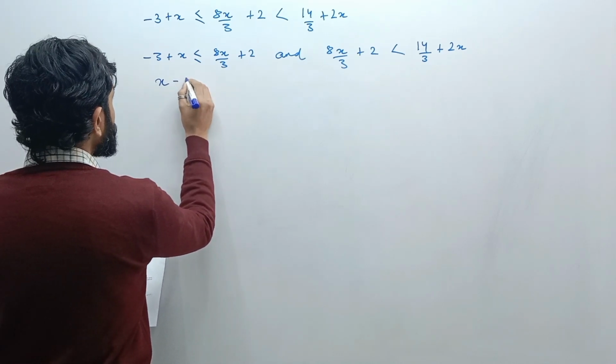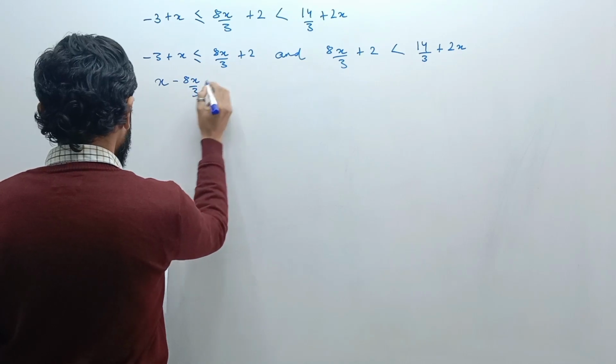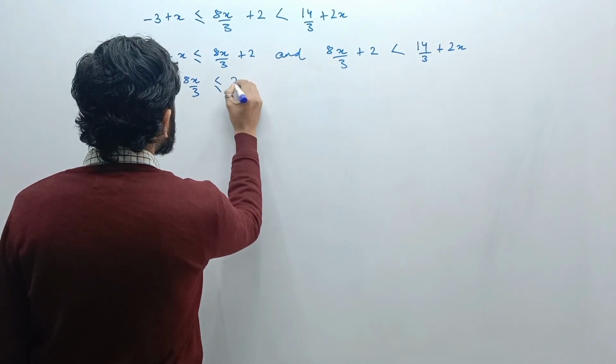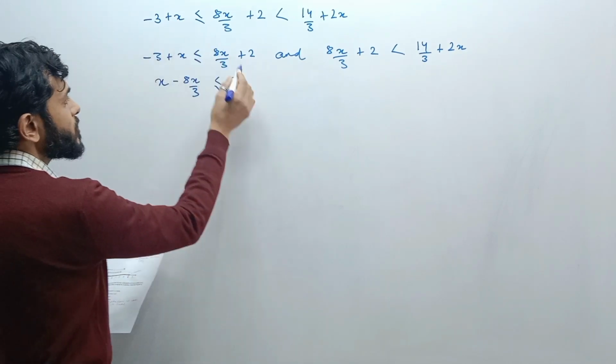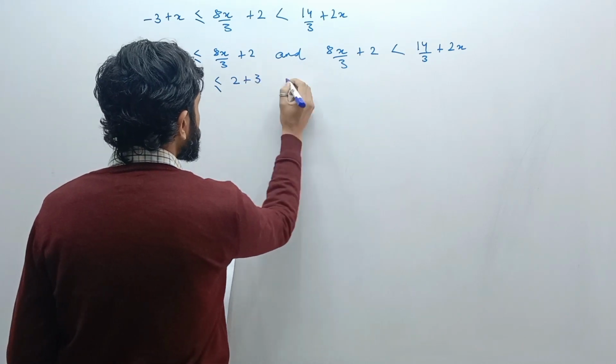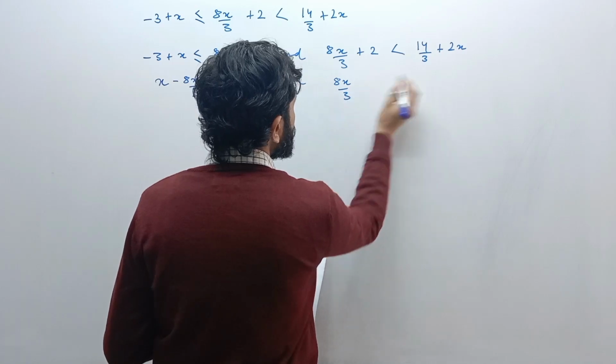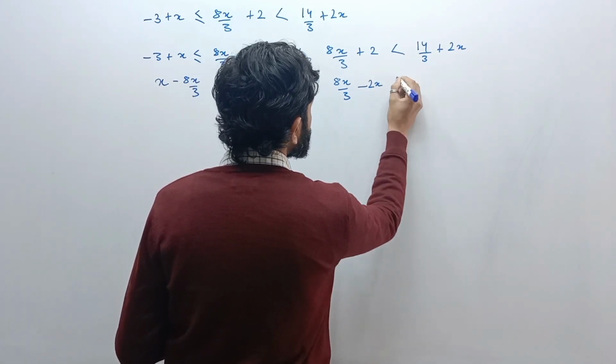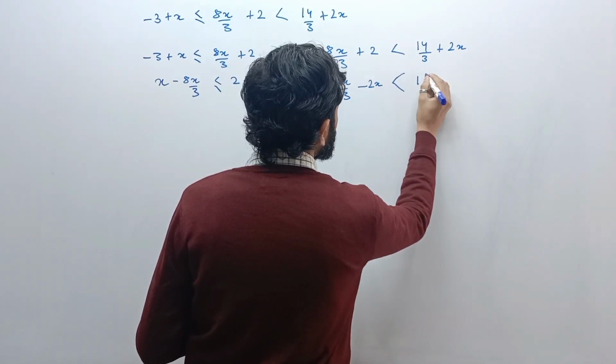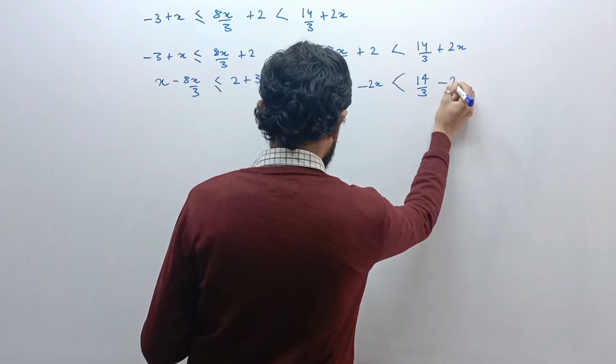So it will be x minus 8x upon 3 is less than or equal to 2, and since 3 is negative here, on this side it will become positive: 2 plus 3. Similarly, 8x upon 3 minus 2x is less than 14 upon 3 minus 2.